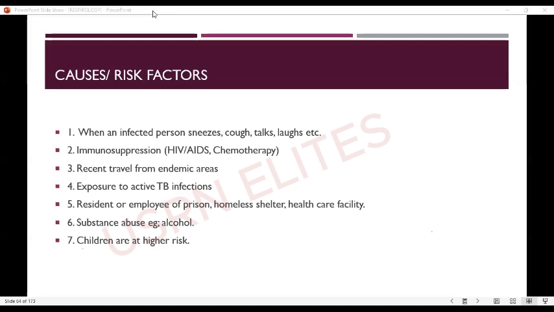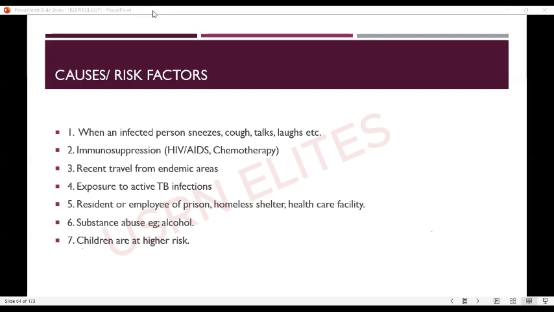5, resident or employee of a prison, homeless shelter, or healthcare facility. So just being a resident or an employee of a prison, you know how prisons are overcrowded. You get it? 20 people in a small space, there's poor aeration. I mean, there's no amount of air going there.